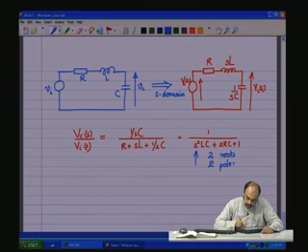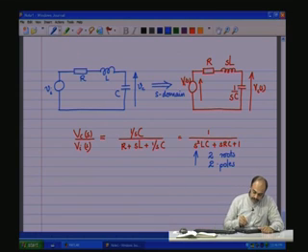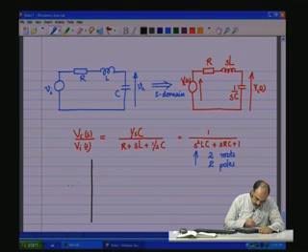There are no zeros, but 2 poles. So, the order of S will indicate the number of roots and therefore, the number of poles for the system. And if you write the S plane, omega.